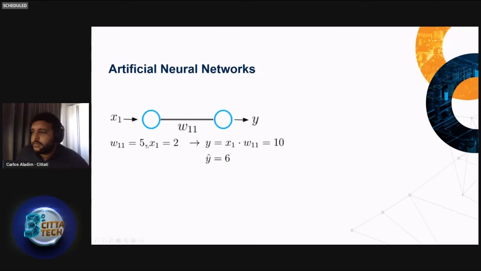Here we have the weight as 5, the input will be 2, and the output is 10, and the expected output by the analyst was 6, for example.